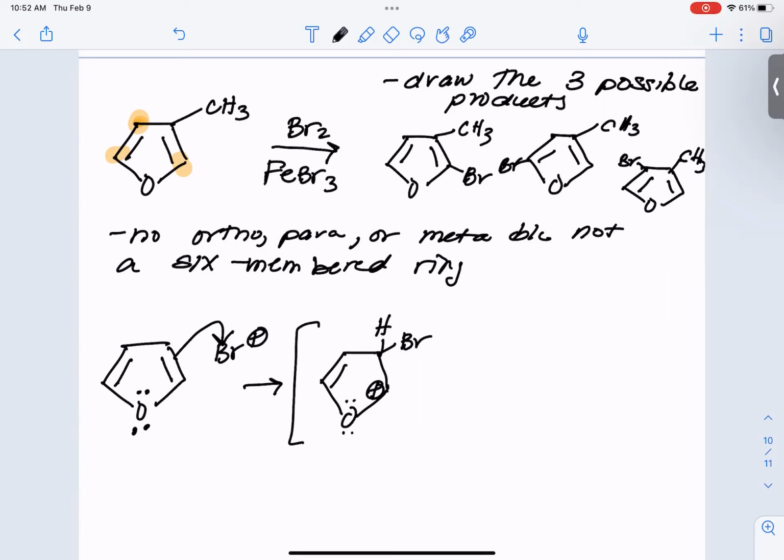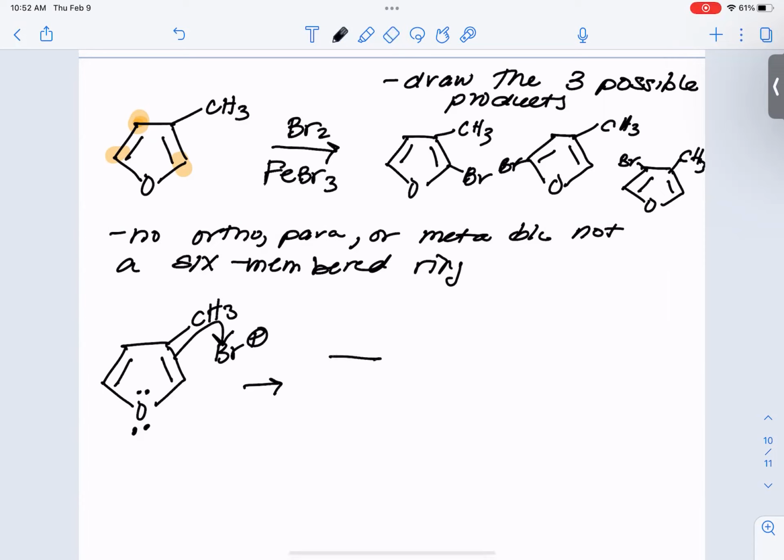No, that's not right because I have a methyl group there. One second. Let's try this again. All right, I'm going to add the Br to the bottom carbon and put my positive charge there where my methyl group is. Okay, so now resonance.